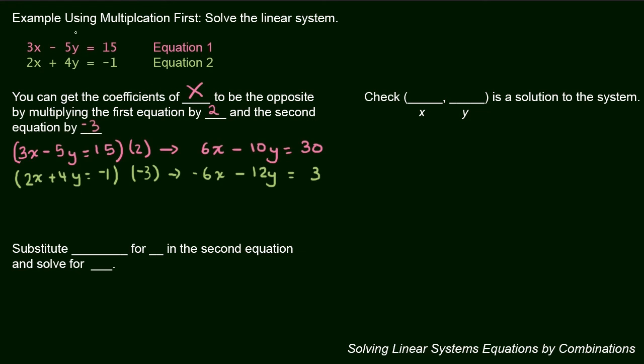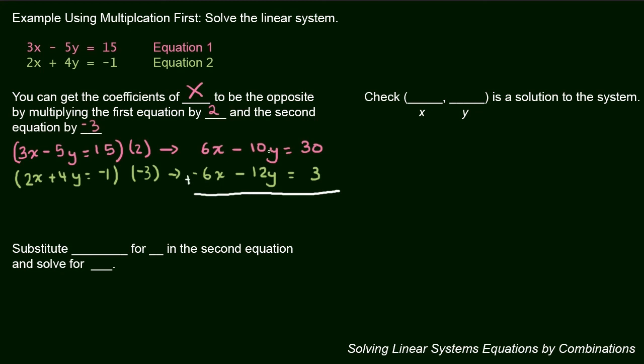By multiplying these two equations, I've managed to get a positive 6x and a negative 6x, which now allows me to add the two transformed equations. 6x plus 6x is 0.